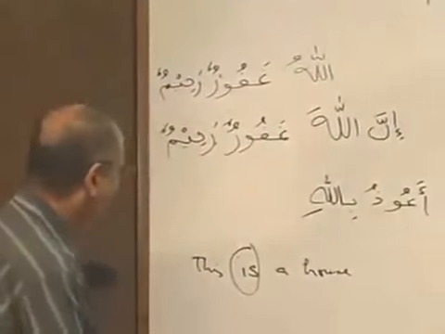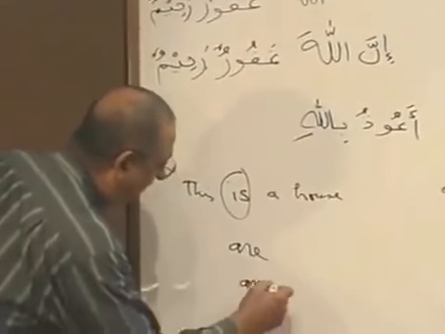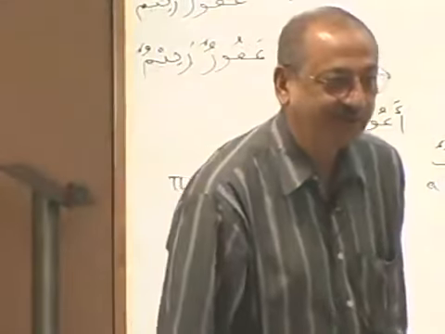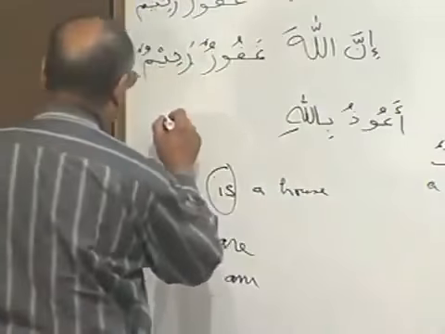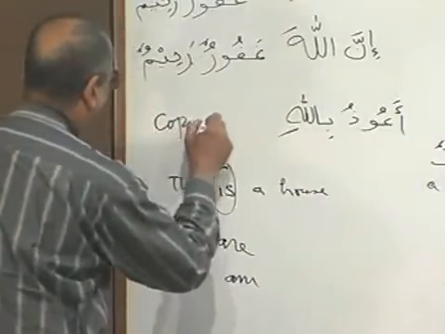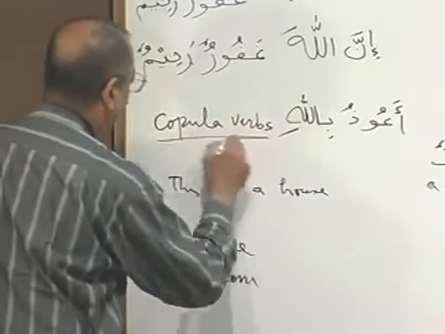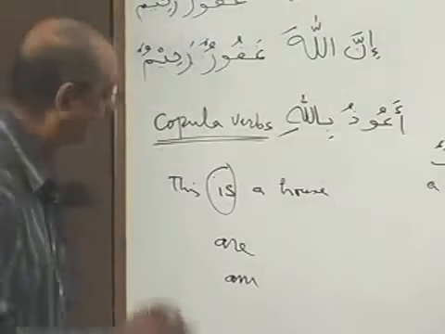Is, are, and am, these are linking verbs. In English, we call it copula. Copula verbs, brothers and sisters? They are intransitive verbs, but I will not go in detail in intransitive.